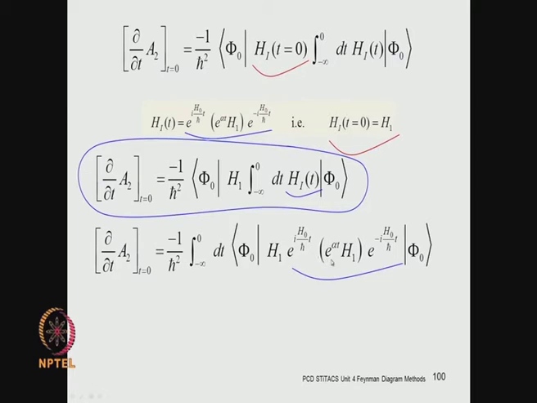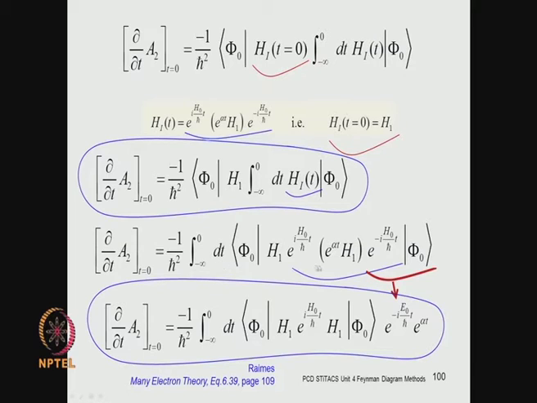So, this is what the interaction term Hamiltonian is, and this is the integration from minus infinity to 0 of dt, and you can carry out a very simple analysis over here, because now you know that this phi 0 is actually an eigenstate of H0 belonging to the eigenvalue E0. Okay. So, you can replace this operator by the scalar E0.